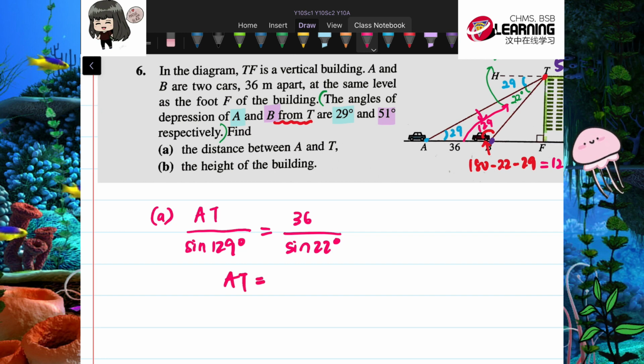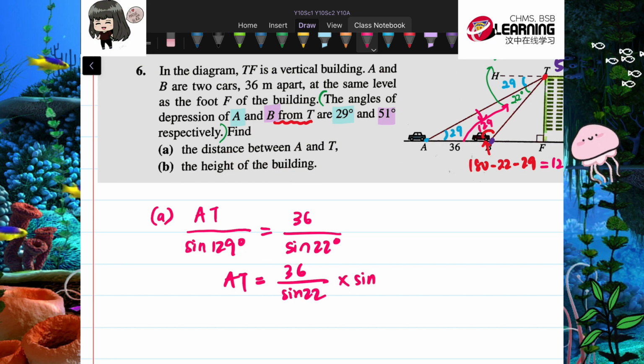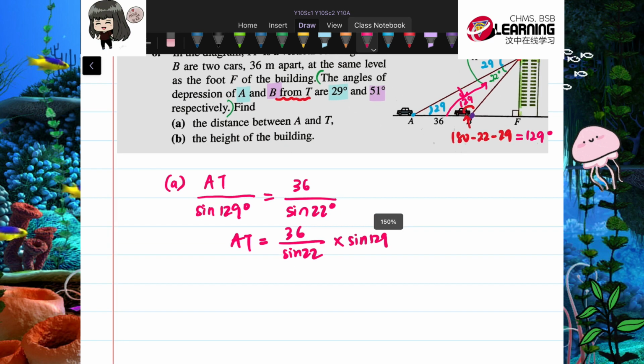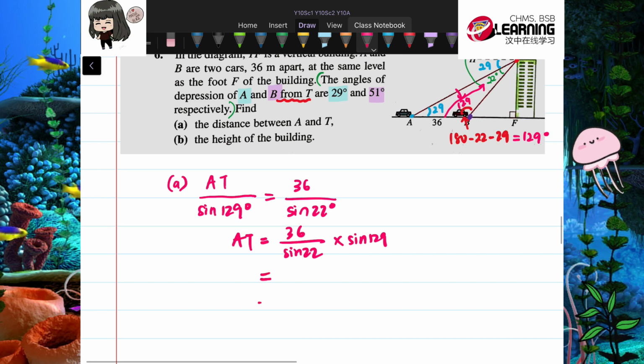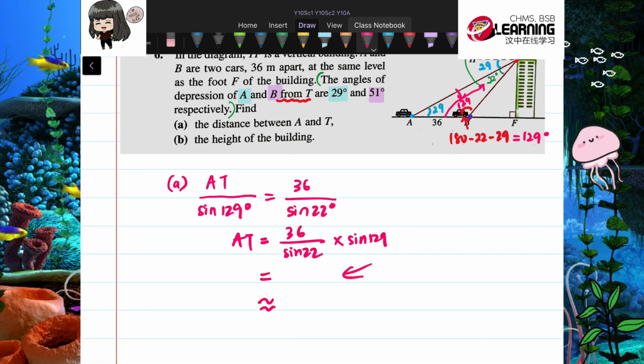So AT equals 36 over sine 22 times sine 129. Okay, and then you round it off by yourself. I round it off for you, I mean. So it's 74.7 meters.